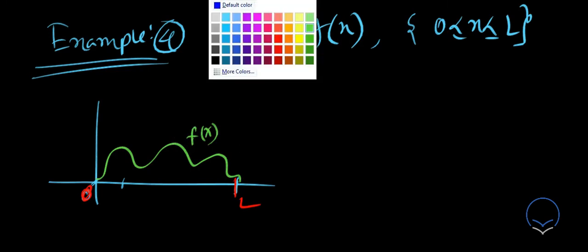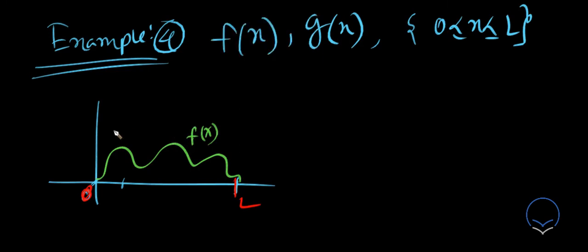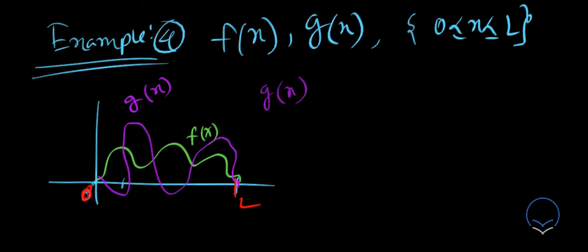And the graph of g of x, let's say it goes something like this on this specific interval. And we are assuming these are continuous functions. There is no discontinuity and all that. Now, if you add them, let's say I want to add this g of x plus f of x.